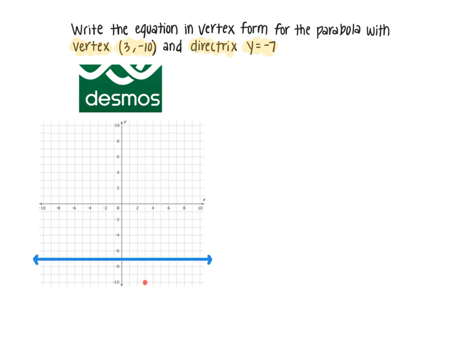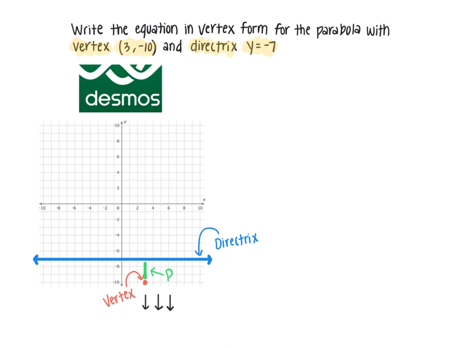So here on my graph, I have located my directrix and I've also located my vertex. Now I can easily tell that I'm creating a parabola that is oriented vertically and it's going to open in the downward direction. I'm also easily able to find p, and I already know what h and k are because they gave me the vertex.